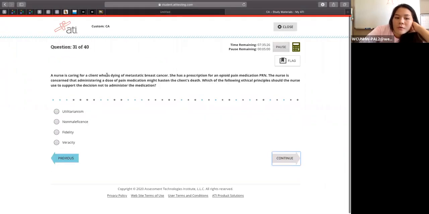A nurse is caring for a client who is dying of metastatic breast cancer. She has a prescription for an opioid pain medication, PRN. The nurse is concerned that administering a dose of pain medication may hasten the client's death. Which of the following ethical principles should the nurse use to support the decision to not administer the medication?